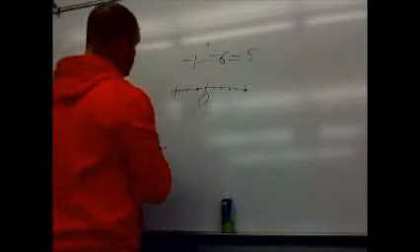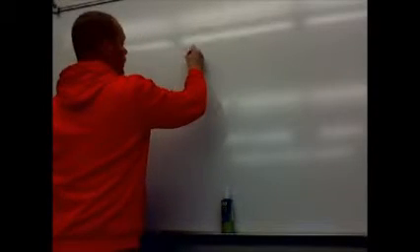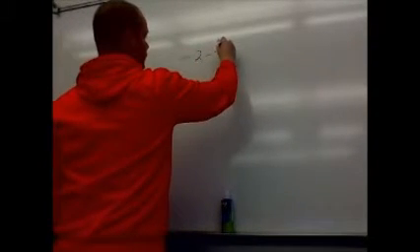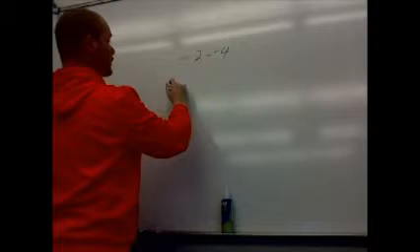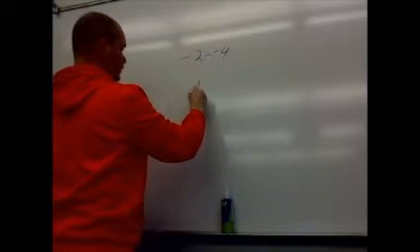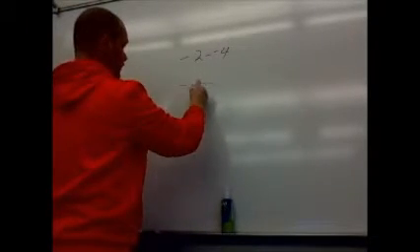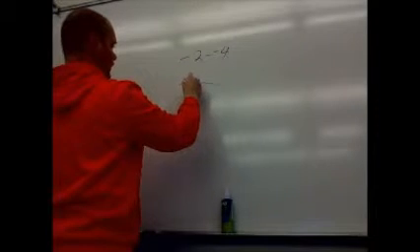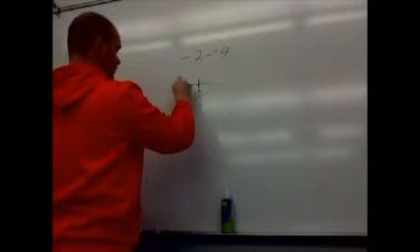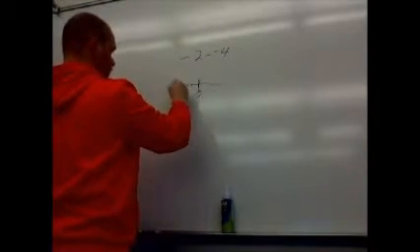Let's do another example real quick, trying to beat the clock. Negative 2 minus negative 4. 0, number line. We're going to start out with negative 2, right here.